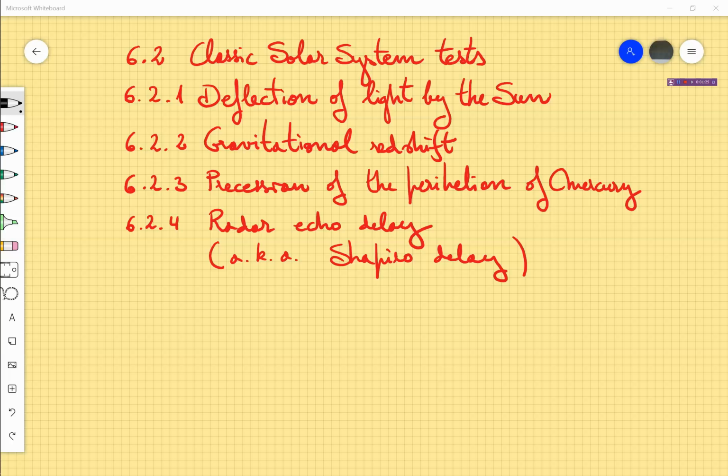known as the Shapiro delay, which is an experiment in which one sends a signal.